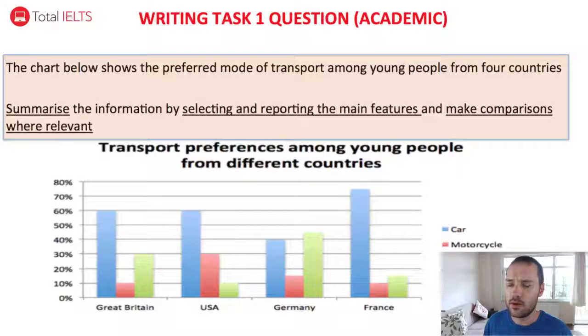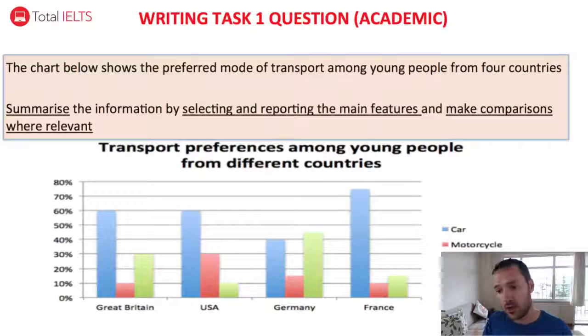So what they mean by that is you could compare maybe Great Britain to USA, or the amount of young people who preferred a car in USA in comparison to the amount of young people who preferred traveling by car in France. But you'll only speak about that if you think it is one of the most significant parts of the bar chart.